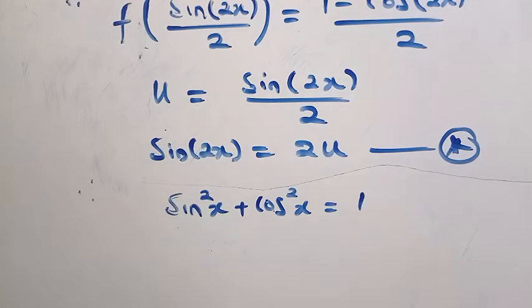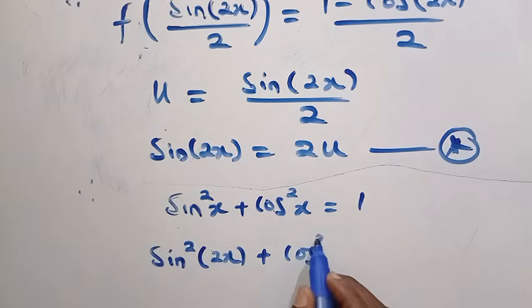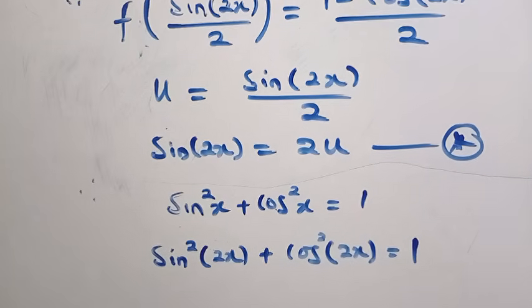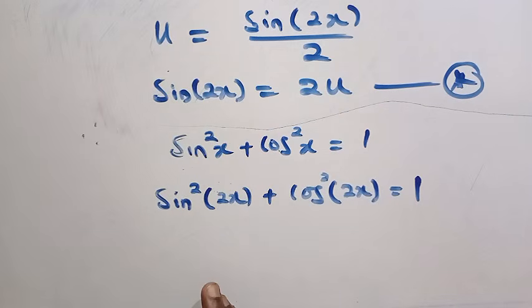But we are dealing with double angle, so we have to change this x to 2x, as we have sine squared of 2x plus cos squared of 2x equals 1. But sine 2x is given as 2u.